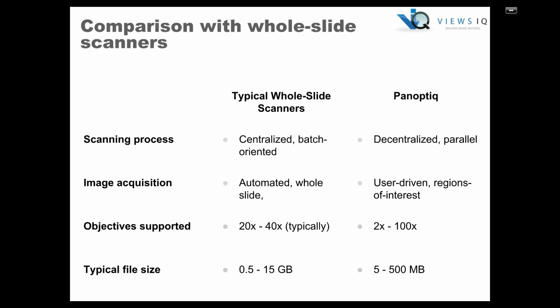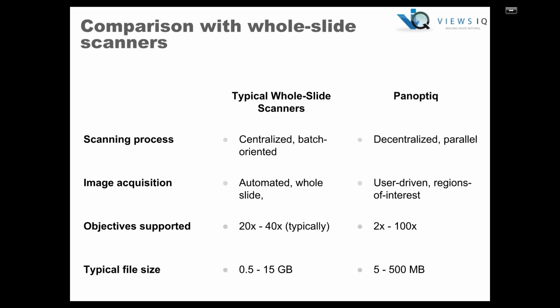So multiple slides can be scanned independently in parallel at the different workstations rather than being scanned in batches at a central facility. And that means that with Panoptic, whenever you have a slide that you want to scan, you can just go over to your computer and microscope, open up the software, and a minute or two later, you can have your digital scan of the slide.